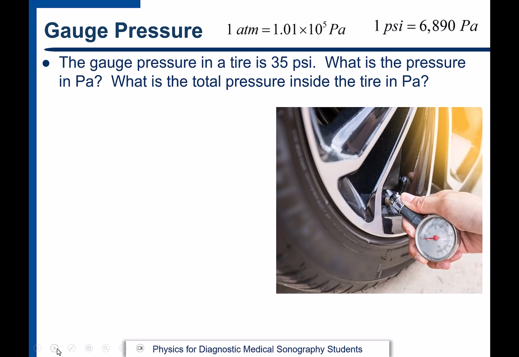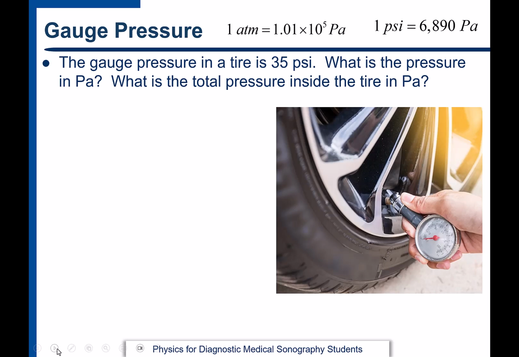Whereas the total pressure would include the additional pressure inside the tire plus the atmospheric pressure. So let's calculate this to make it concrete. Our question says the gauge pressure in a tire is 35 psi. What is the pressure in pascals, and what is the total pressure inside the tire in pascals?